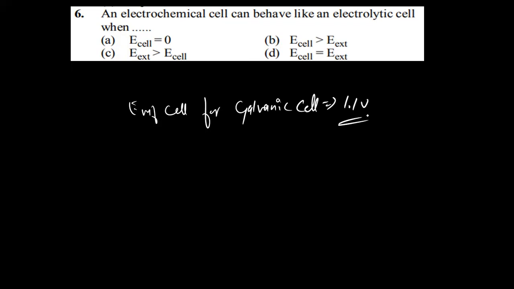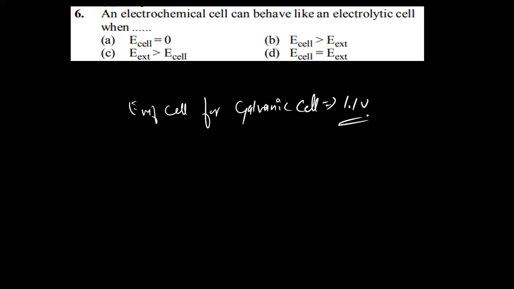So if the externally applied electric potential reaches the value 1.1 volt, at this stage no current flows through the cell. Then any further increase in the external potential restarts the reaction, but it takes place in the opposite direction.